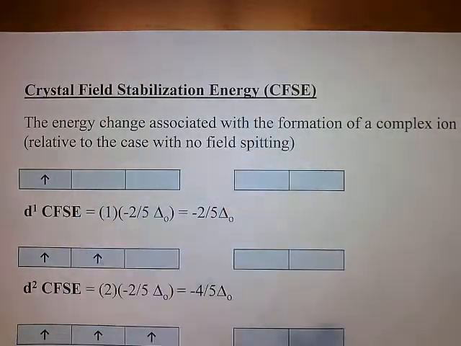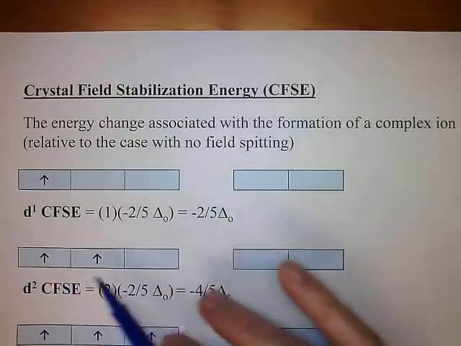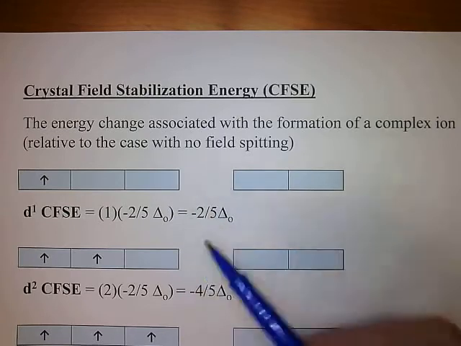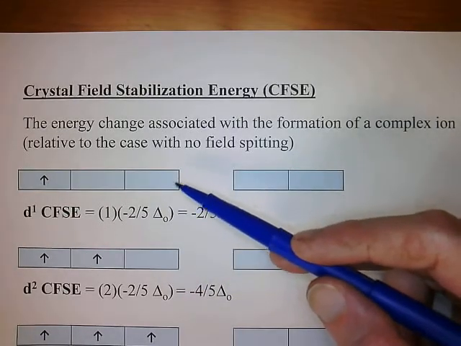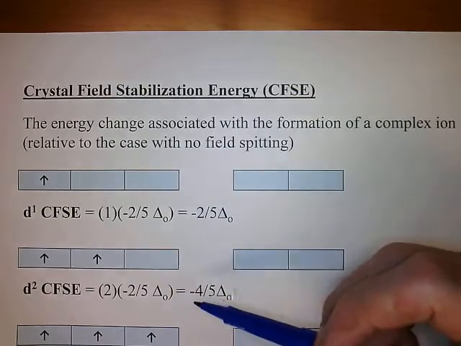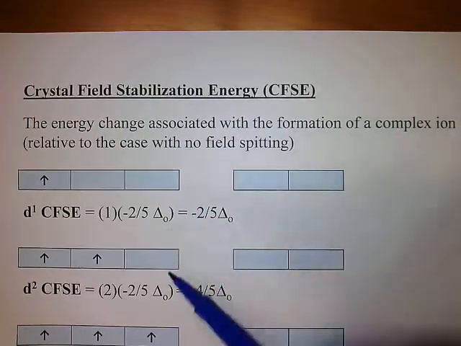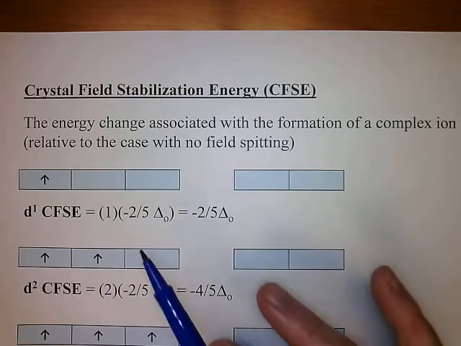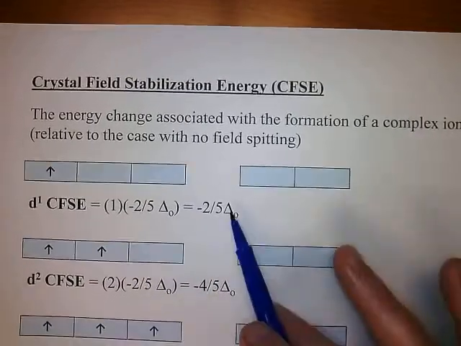So what's our change in energy, or our stabilization energy? It's simply 1 electron lowered by 2/5 the field splitting, right? All the t2g orbitals were lowered by 2/5 the field splitting. So our stabilization energy, one more time, is simply 1 electron in an orbital that's lowered by 2/5 the field splitting.